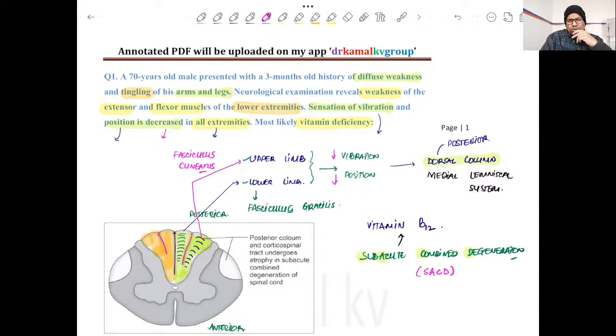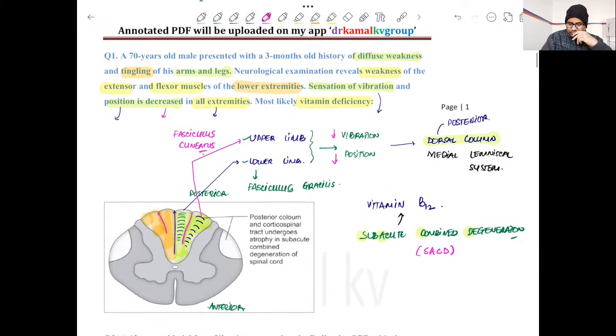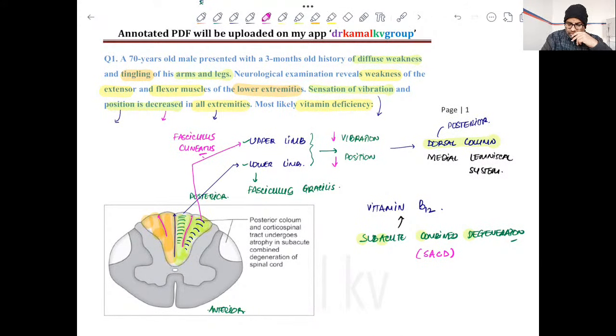Right? So this is in short about the anatomy of the dorsal column. The medial portion is related to the lower limbs. Clear? So this is all for lower limb, and the lateral part of the dorsal column is for upper limb.